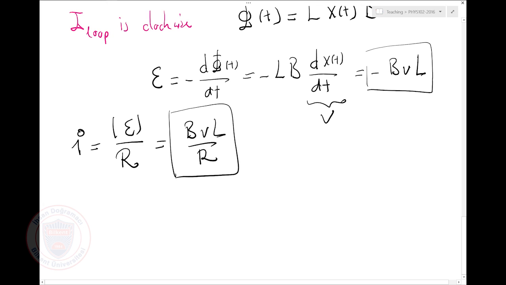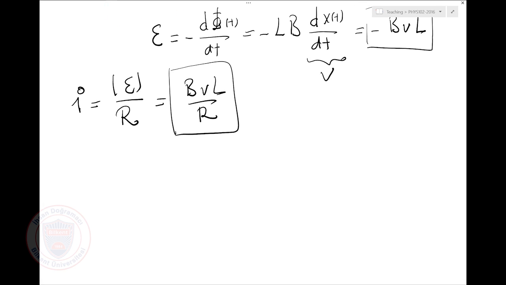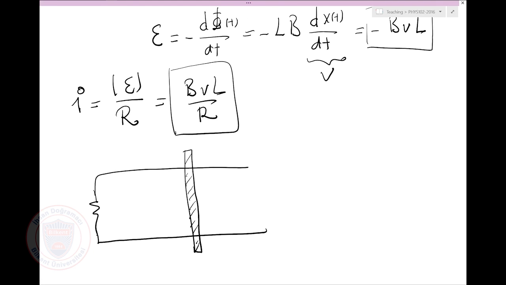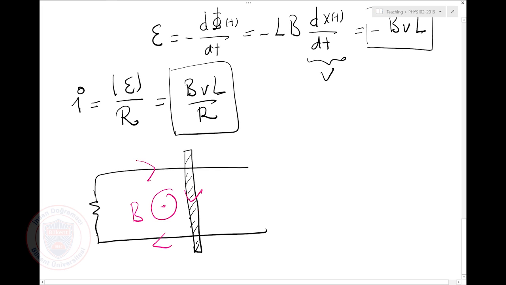Cool. But here's the thing. Let me see. Here is my magnetic field, and here is my current, I. If I have a wire carrying current I under a magnetic field, there is a magnetic force acting on that wire.